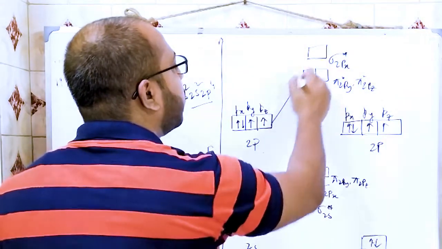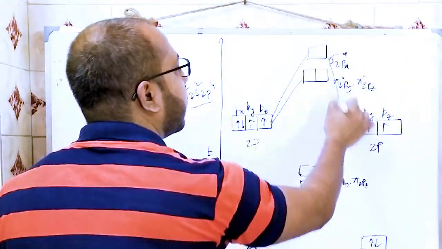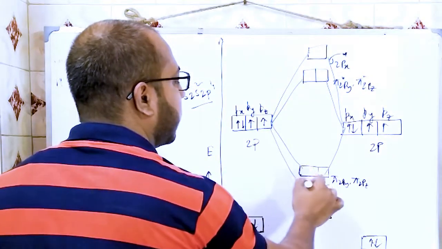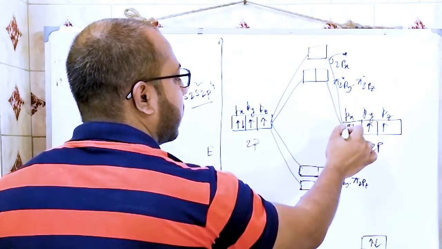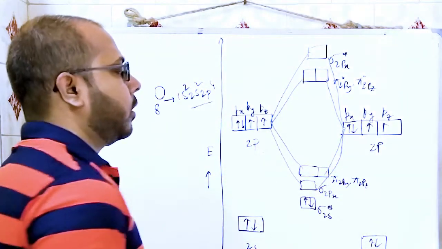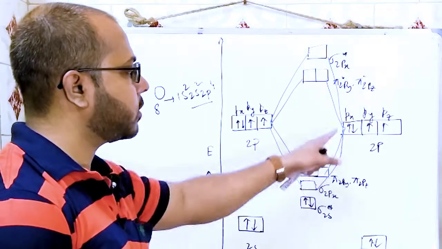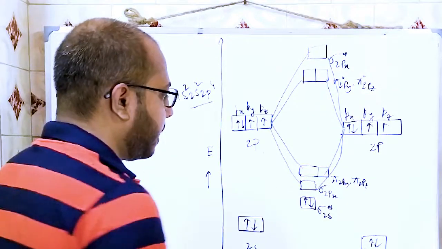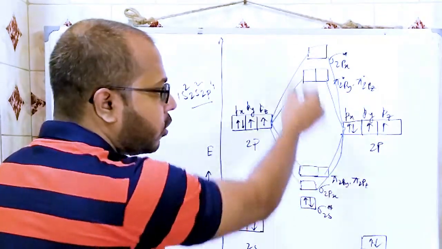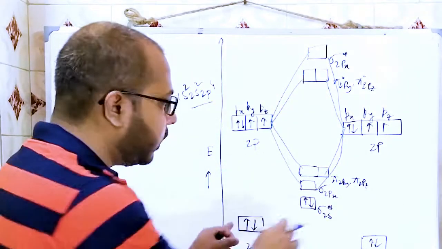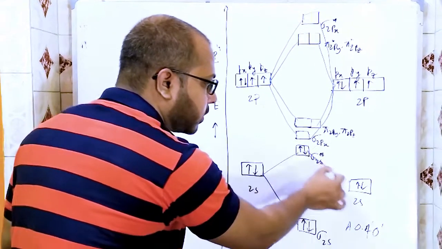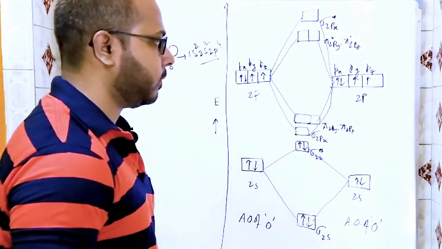Now come to this part. These are to be joined here. These are to be joined here. Okay, this line should be straight, because these orbitals are coming from these atomic orbitals. These orbitals are not connected with these two, and these molecular orbitals are connected with these two.